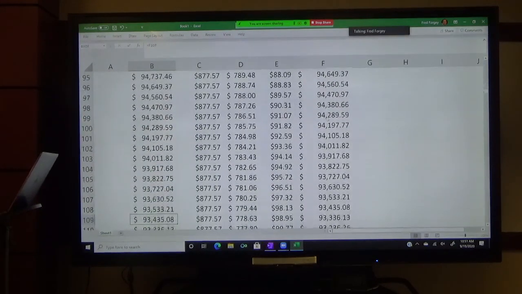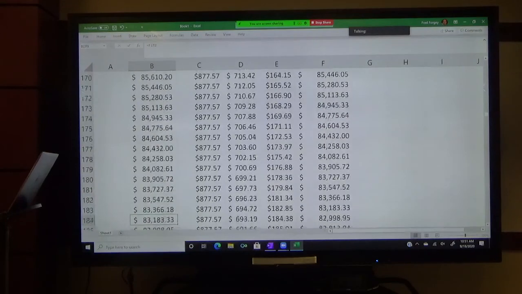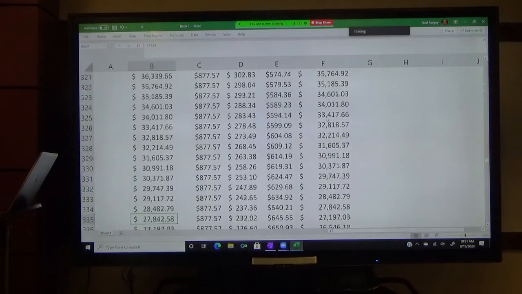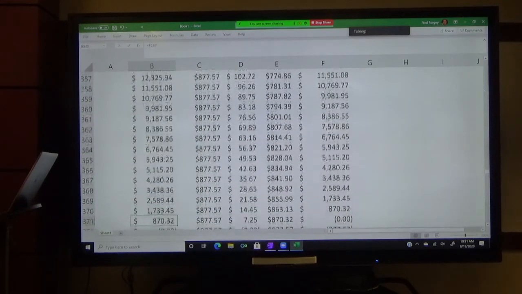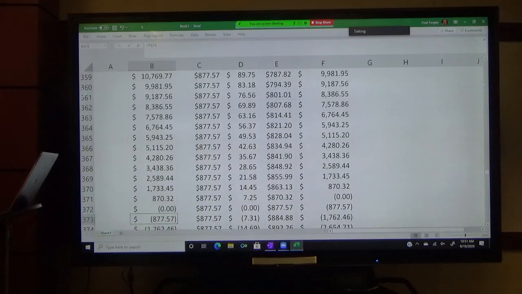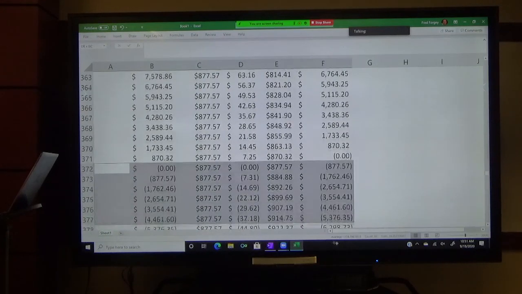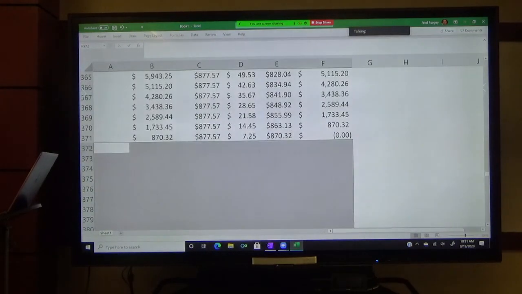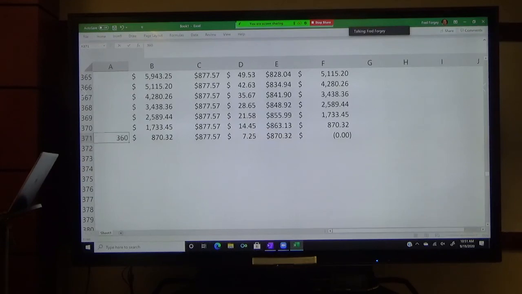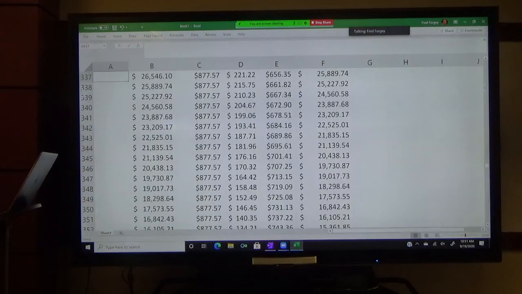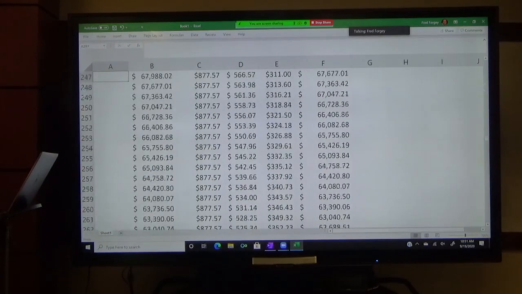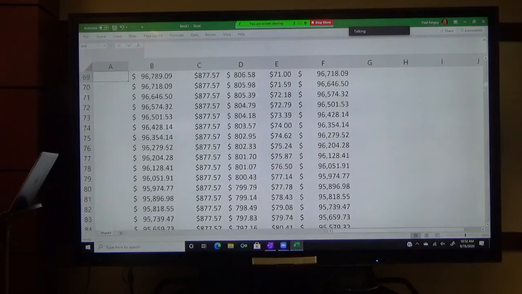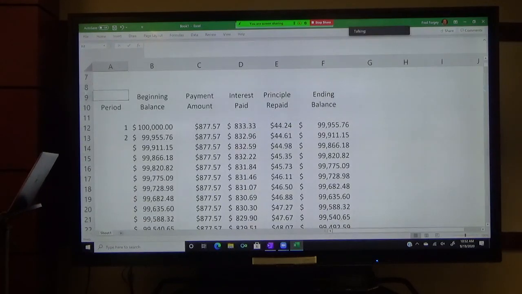What we should see is, at what will be ultimately month 360, this is month 360, what's happening there. So we should be able to copy down, let's just copy down from the top here.